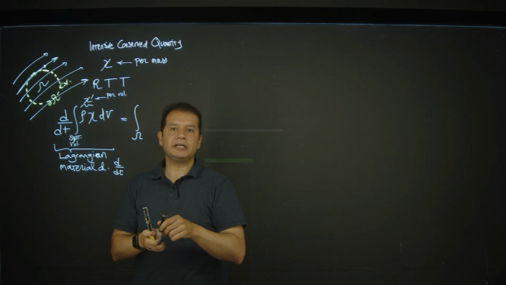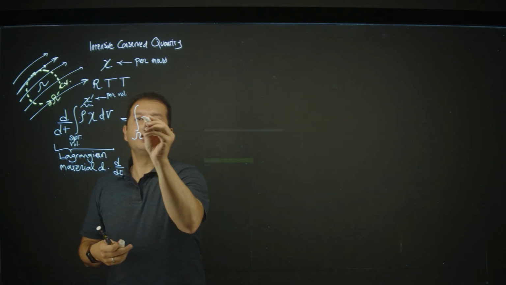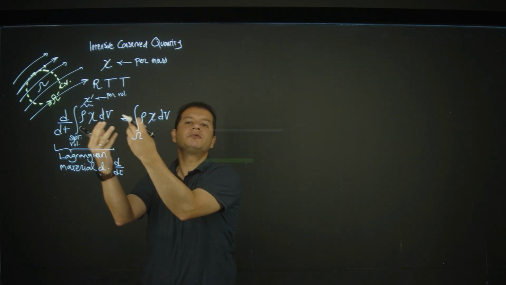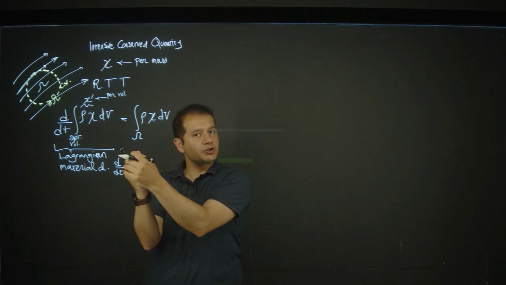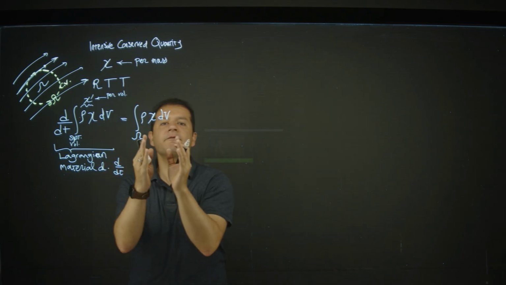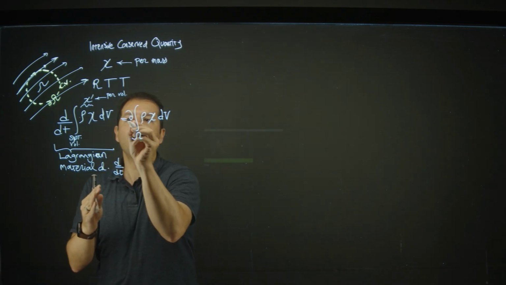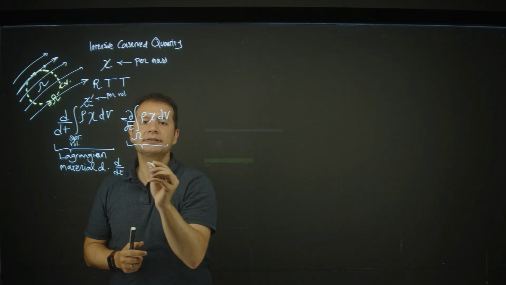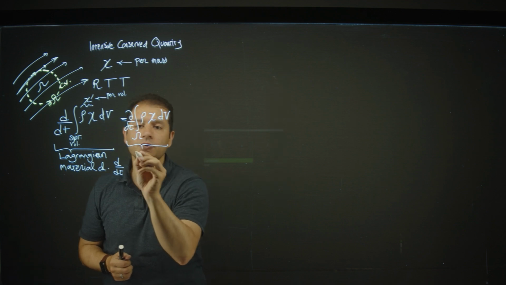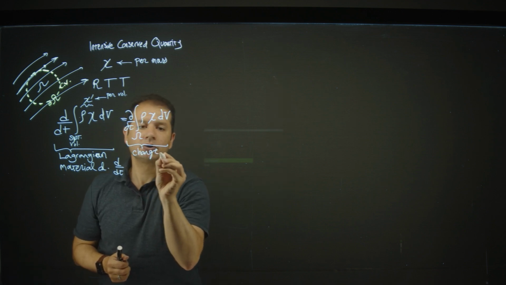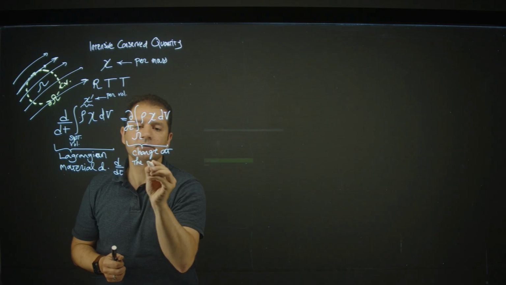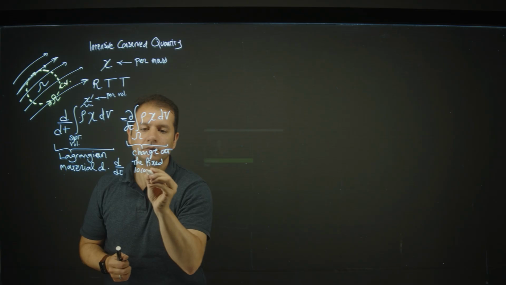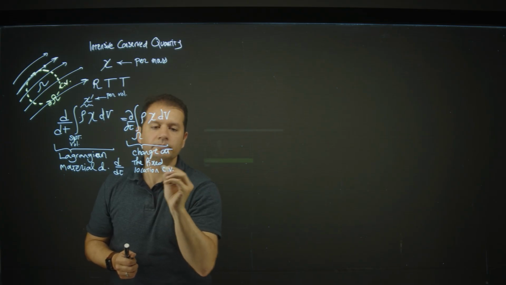Over omega, rho X dV will change, because the amount of density may change if it's compressible flow, for example. But that's at a fixed location, so that is the change over time at the fixed position, which is your control volume.